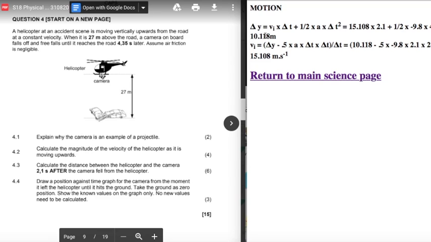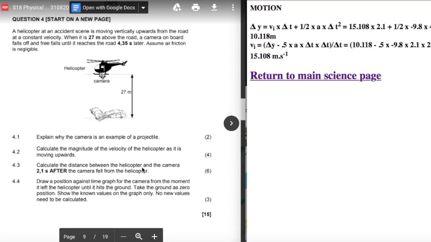All we have to do is subtract the two displacements: the displacement of the camera, plus 10, from the displacement of the helicopter, plus 31 something, and the difference between the two is our answer.